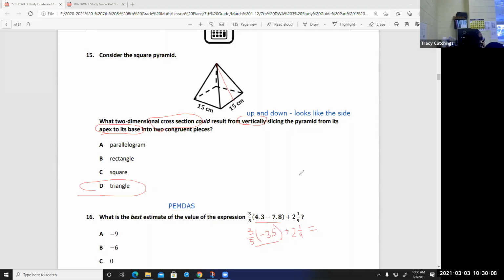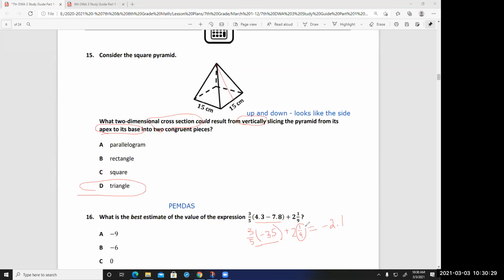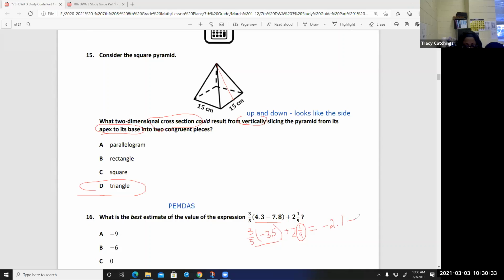Three divided by 5. Multiplied by negative 3.5. All right, and then if I'm looking at the second part, somebody tell us what 1/9 is as a decimal. 0.1 repeated.